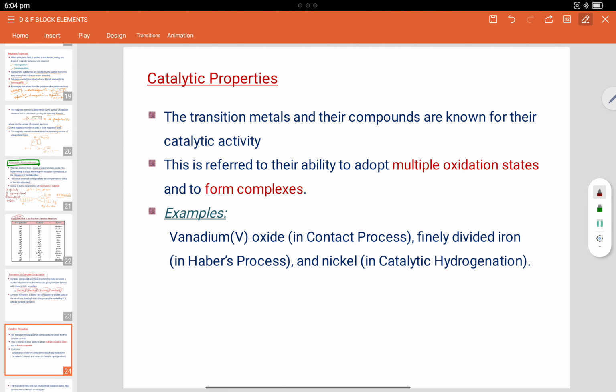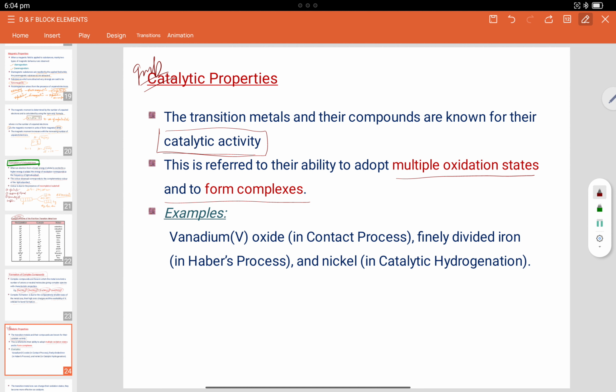That is the important part, catalytic activity. It's an important catalytic property. The transition metals and their compounds are known for their catalytic activity. This is referred to their ability to adopt multiple oxidation states and to form complexes.